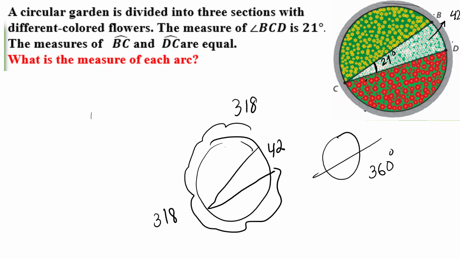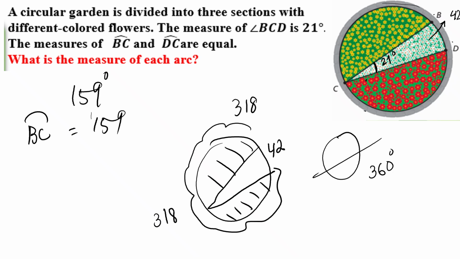Now this part and this part are equal to each other. So divide 318 by 2 and you will get 159 degrees for each arc. So you can say that arc BC is 159 and arc CD is also 159, because arc BD is 42 degrees.